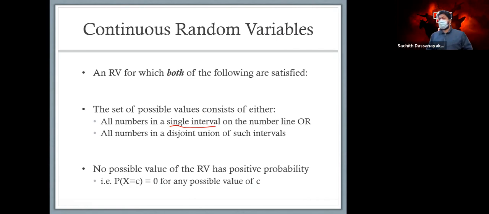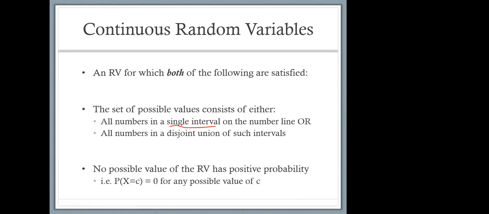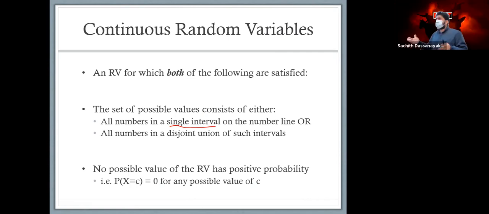Just one interval. But you can divide that single interval into pieces, like sub intervals. Say my interval is from 0 to 100 inclusive. I can divide that from 0 to 1, then 1 to 10, 10 to 50, something like that. So all numbers lie in a disjoint union of such intervals.